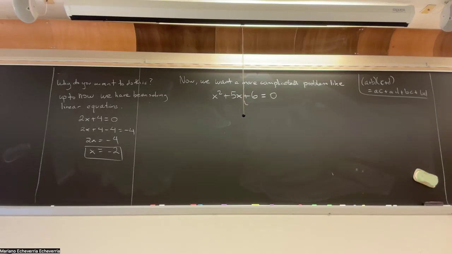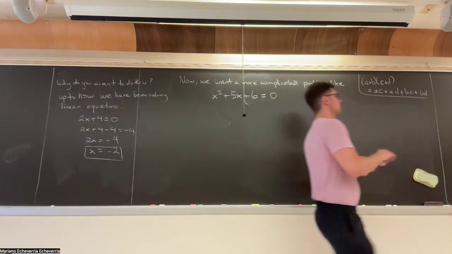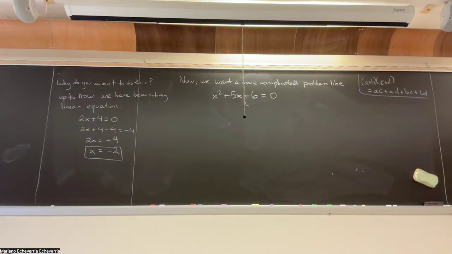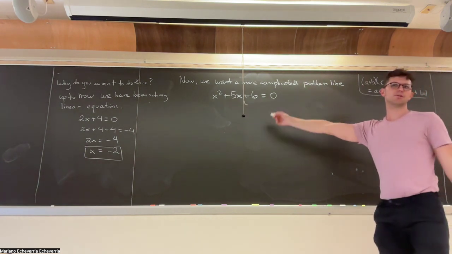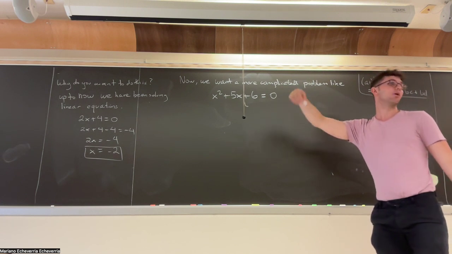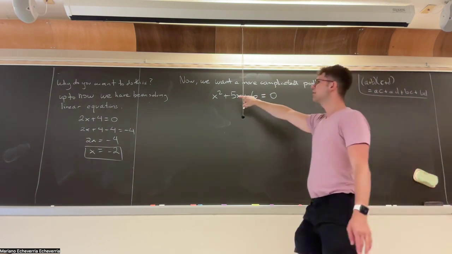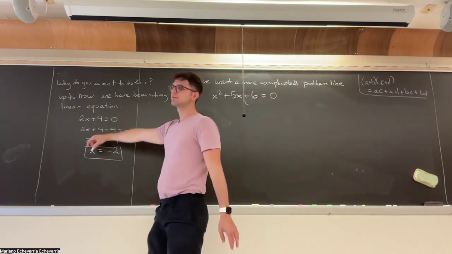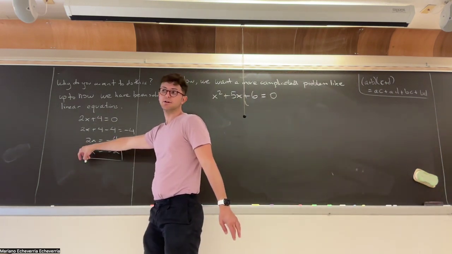This is probably something maybe you have seen before, and it's important to understand this. So what is something you could try to do? If you were to take a similar approach to what I just did here, one thing you could try is to say, okay, what I was trying to do here was isolate the x, right?